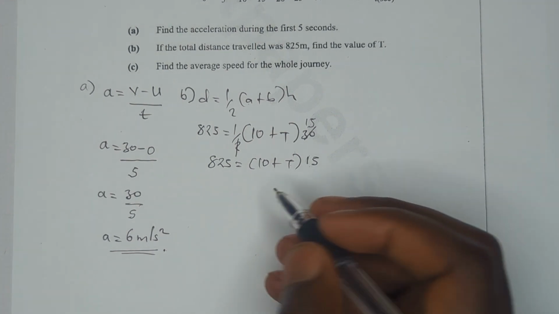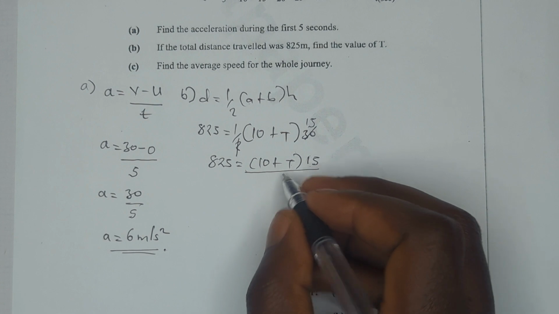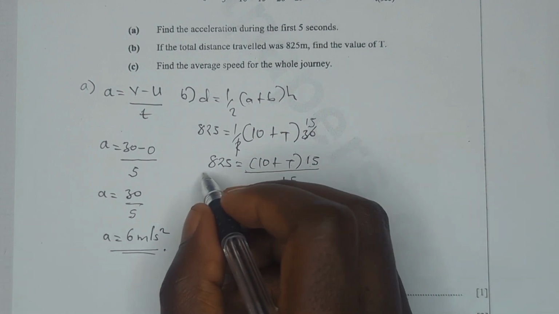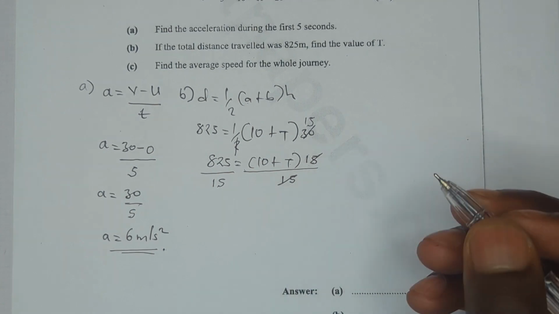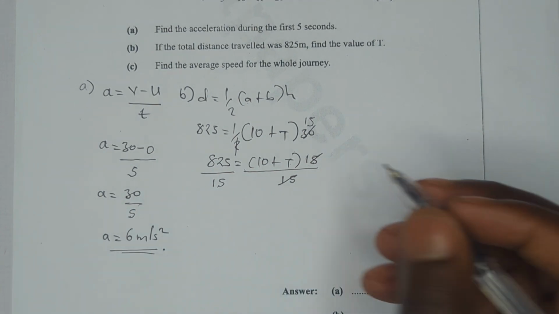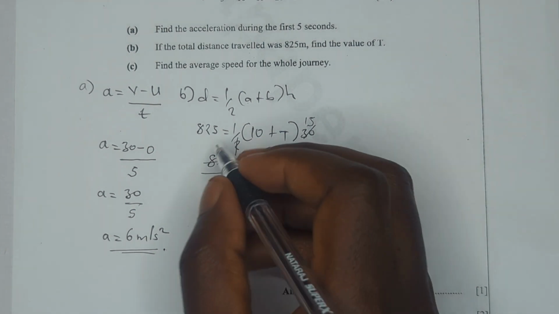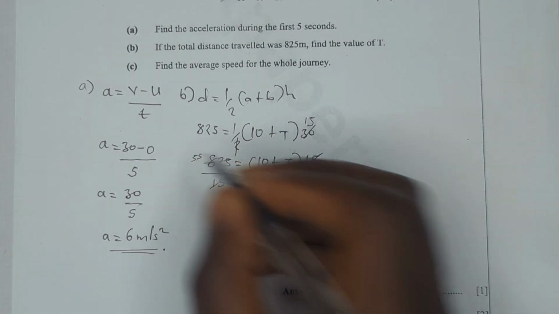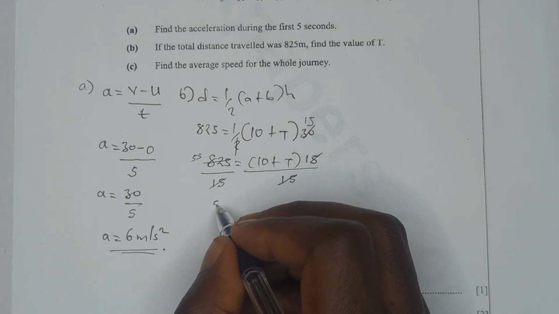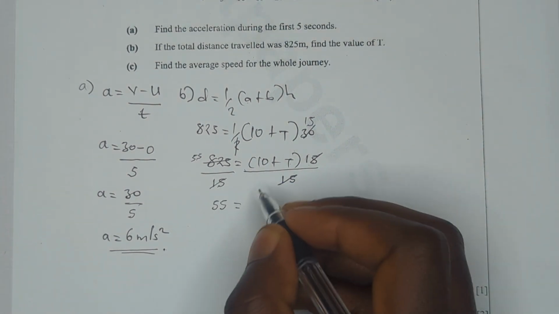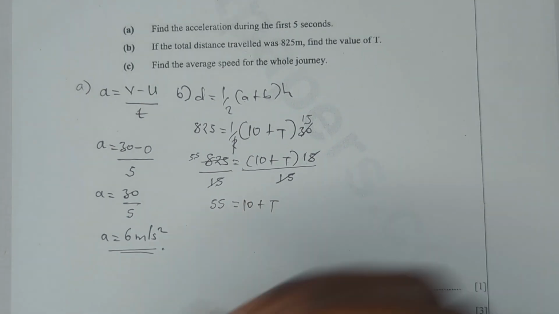Since this is paper 1 where calculators are not allowed, to make this easy, you can just divide throughout by 15. This 15 and this cancel. 15 into 825 goes 55. So this will be 55 is equal to 10 plus t.